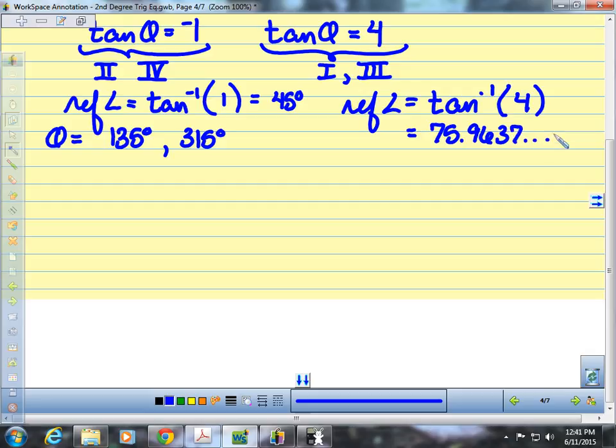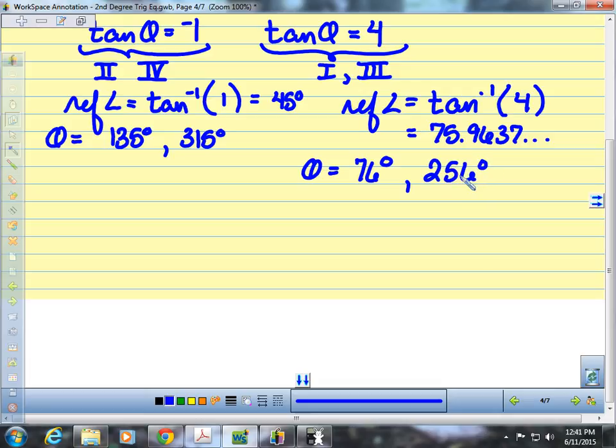Okay, so theta equals, my reference angle is the what quadrant angle? The first quadrant angle. So we would have to the nearest degree what? 76 degrees. How am I going to put this into quadrant 3? Plus 180. So 180 plus that to the nearest degree? 256 degrees.